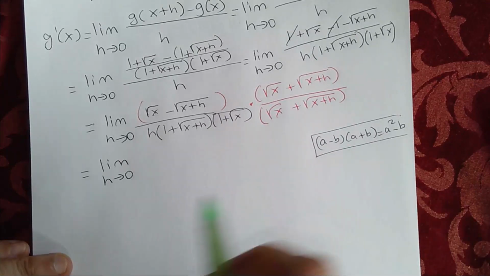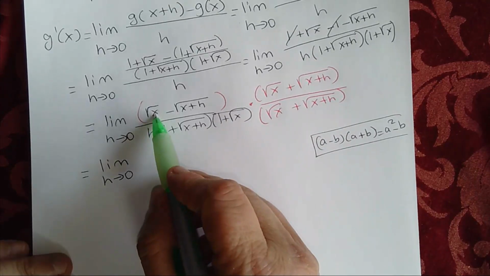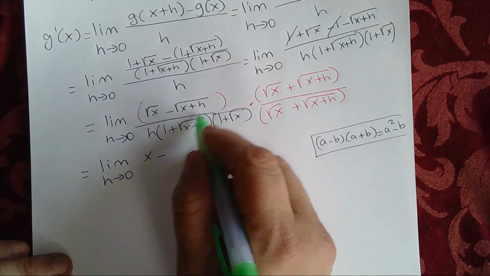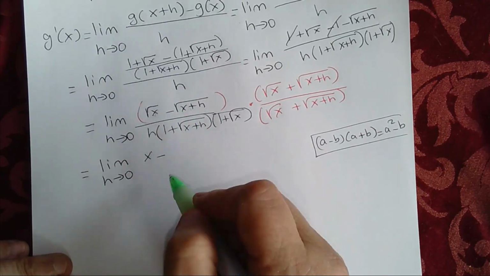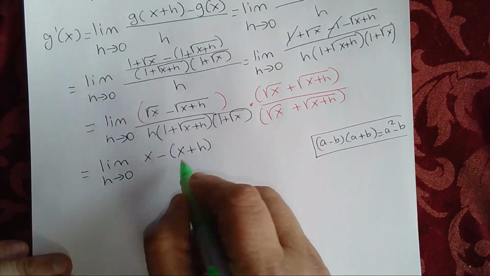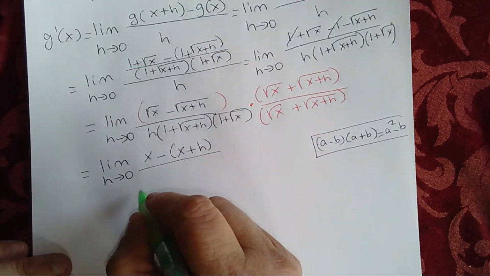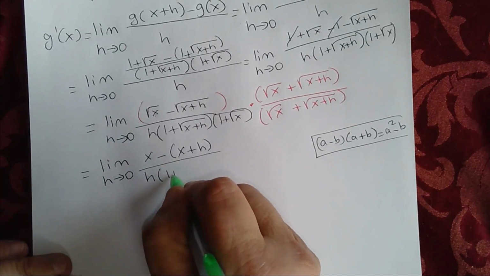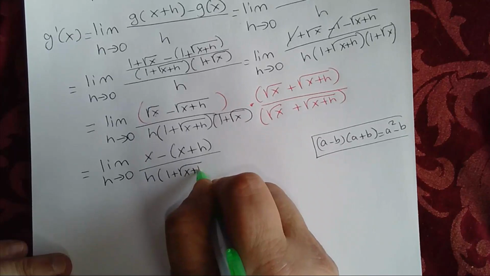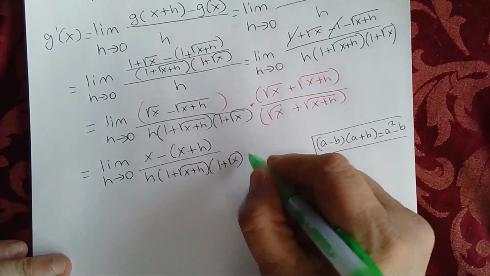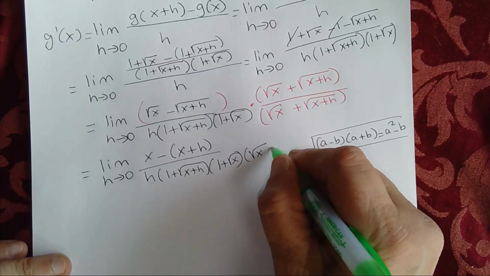So this one squared would give me x, minus this one squared. The square root cancels out, and you'd be left with x plus h divided by the numerator. It's going to be a little bit long, but we'll go ahead and write this down. So times this, square root of x plus square root of x plus h.